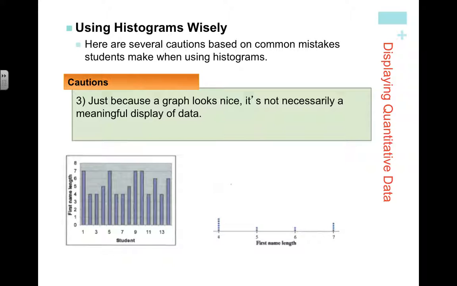This is a glorified bar graph: student 1, student 2, student 3. The first name length is a quantitative variable, so a bar graph is not an appropriate way to display its distribution. The dot plot on the right would be a much better way. So just be careful of that.